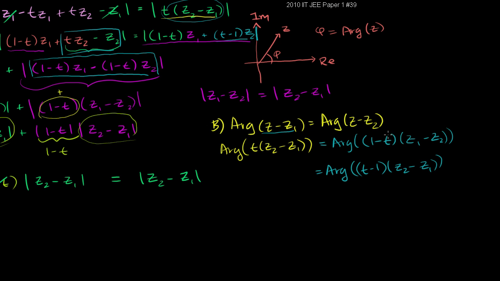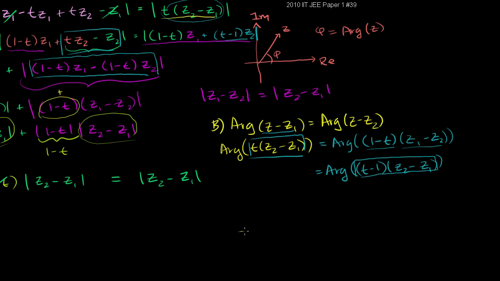And just remember, all I did here is I multiplied this by -1 and this by -1. If I multiply two things times -1, it's equivalent to multiplying by -1 twice, which is just multiplying it by 1. So I was able to swap both of these. So is this true? Is it true that the argument of t times z2 minus z1 is the same thing as the argument of t minus 1 times z2 minus z1? So let's just think about it a little bit.